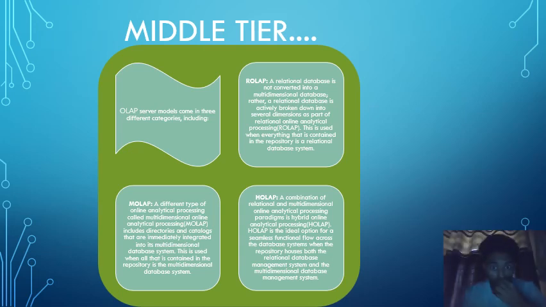Hybrid is a combination of relational and multidimensional analytical processing, called hybrid online analytical processing. HOLAP is an ideal operation for a seamless function flow across a repository that houses both the relational database management system and the multidimensional database management system.